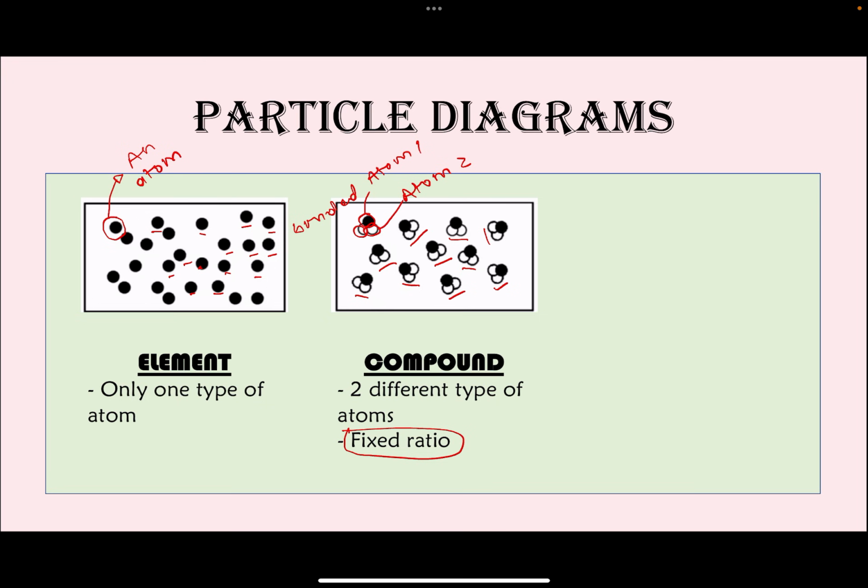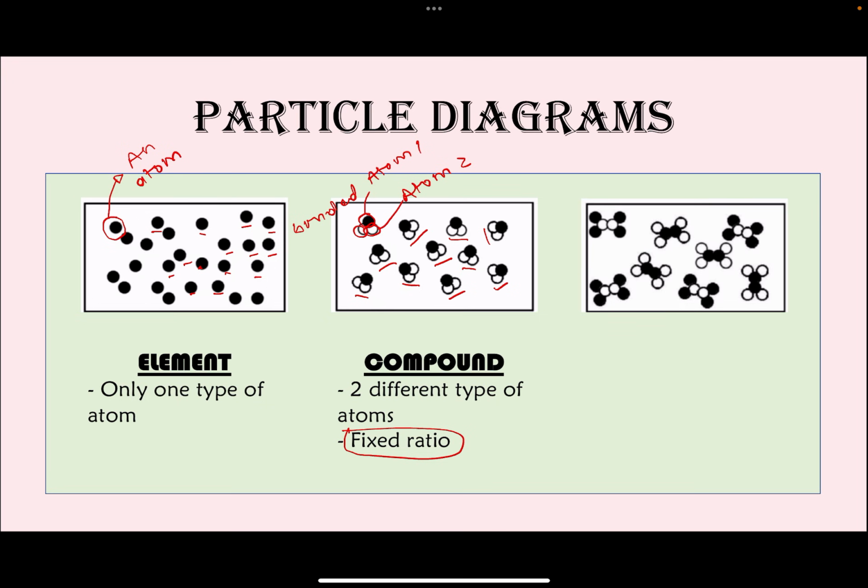So let's look at another type of particle diagram that you can get. So in this case, we notice that this one is one type of compound, so we can say that this is compound number 1. And then we see another type of compound, so let's call that compound number 2. And then we kind of see these 2 types of compounds everywhere else in the diagram.